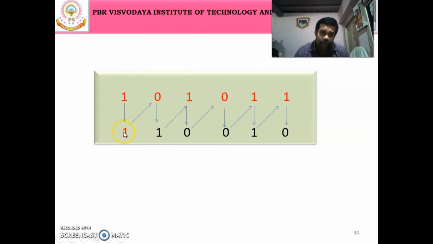Then we have to XOR this number with this number and write the result. Then we repeat the XOR with the next pair and write the result each time.